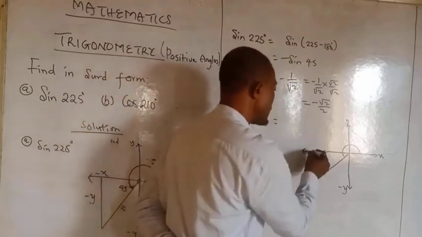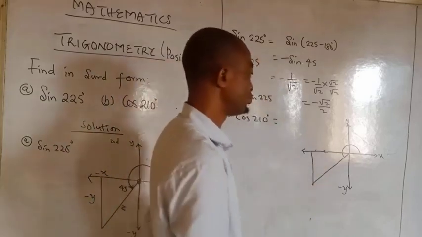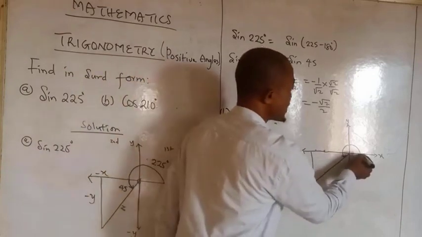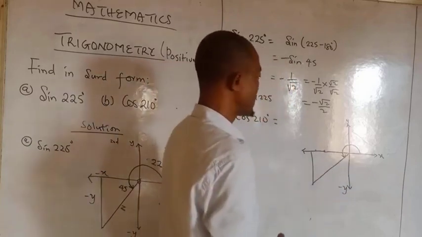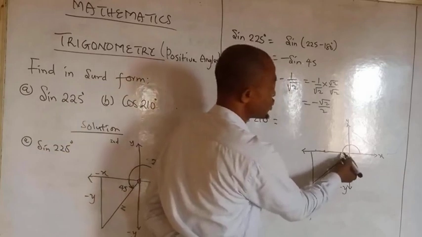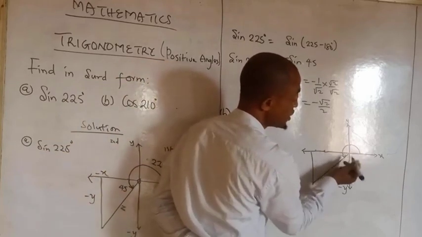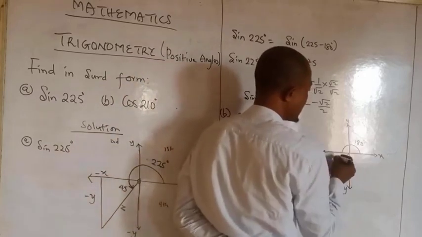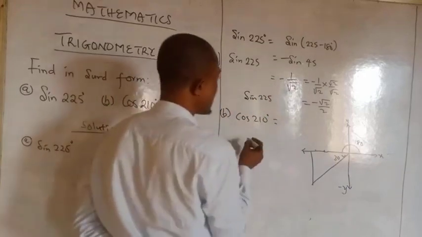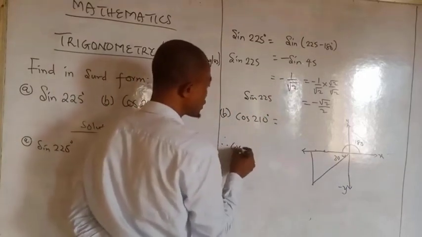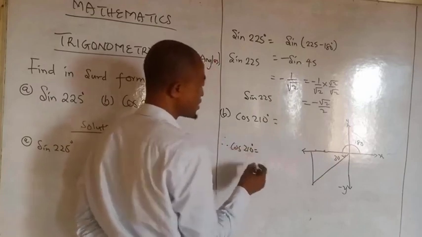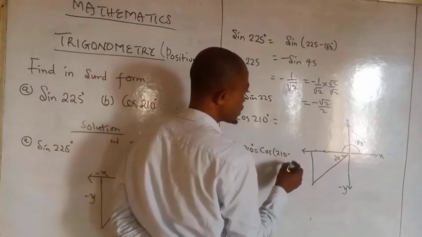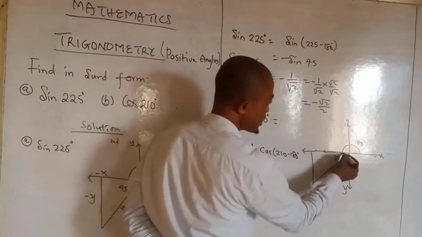So I can produce a right angle triangle from here. The whole angle 210 is theta, from here to here. That means 210 is the combination of 180 plus the angle that is here, which is 30. So I can say that cos 210 degrees is the same thing as cos, open brackets, 210 minus 180.